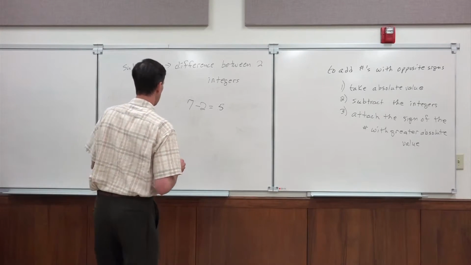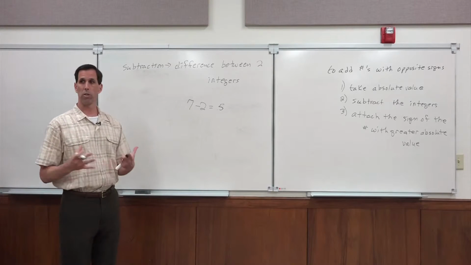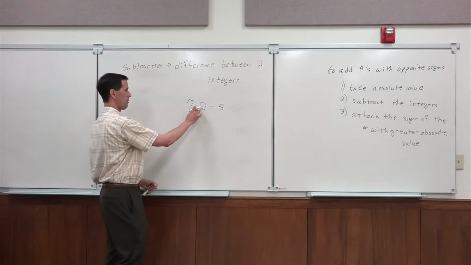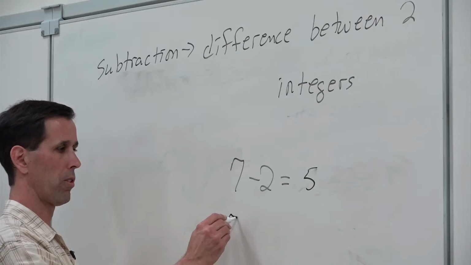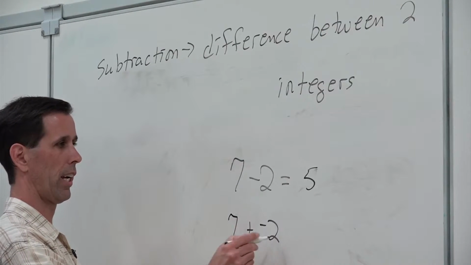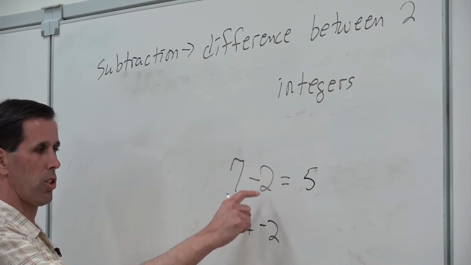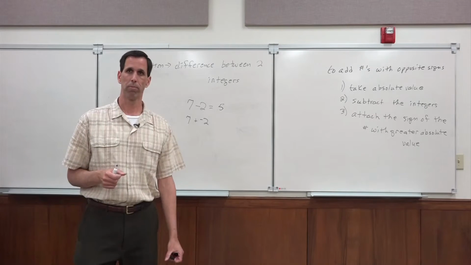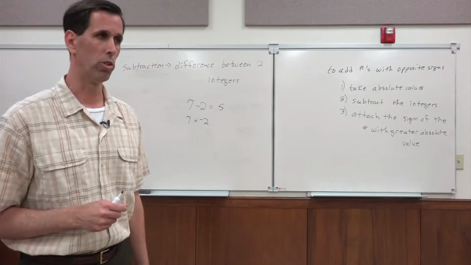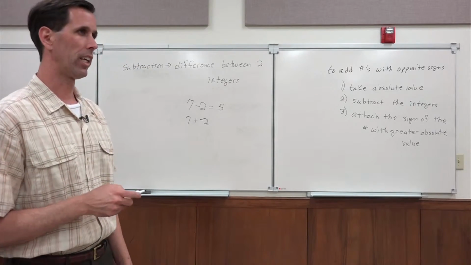If you go to the store, you have $7, you spend $2, you got $5 left, right? What most people don't realize is that if you wanted to, you could change any subtraction problem to an addition problem. 7 minus positive 2 would be the equivalent of 7 plus a negative 2. I can change subtraction to addition, but if you do that, you must change the sign of the number you are subtracting. So in other words, to subtract 2 is the same as adding negative 2.